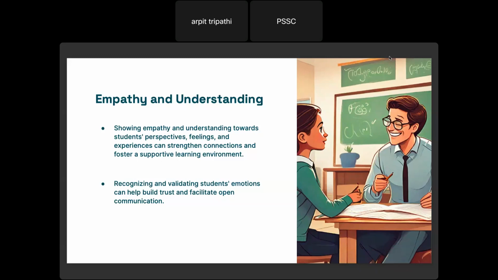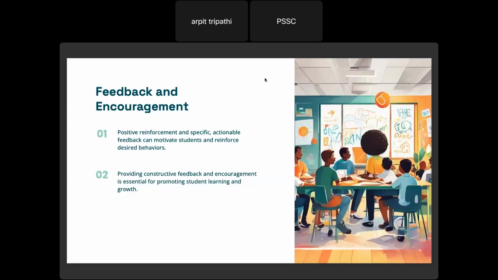Coming to feedback and encouragement, of course, the problem in present society is we give feedback, but we are not open to constructive feedback. We are not open to critical feedback. We have less ability to accept critical feedback that this is not done in this way and that thing, and so on.